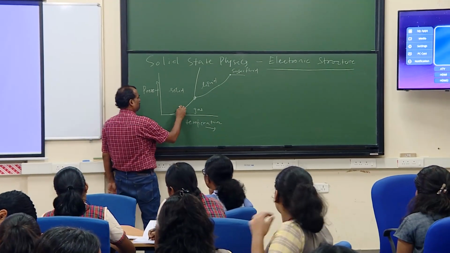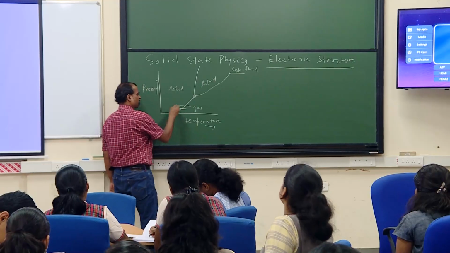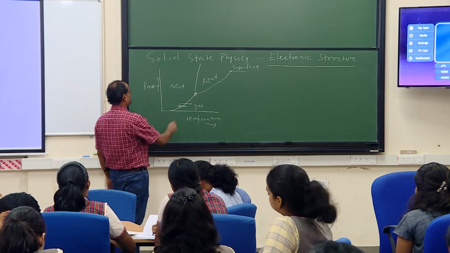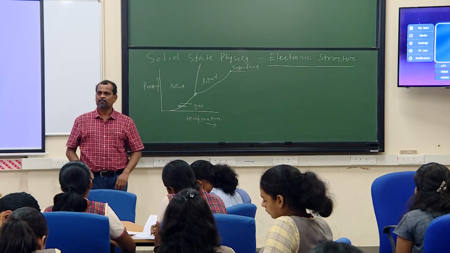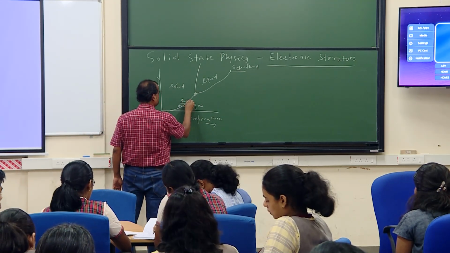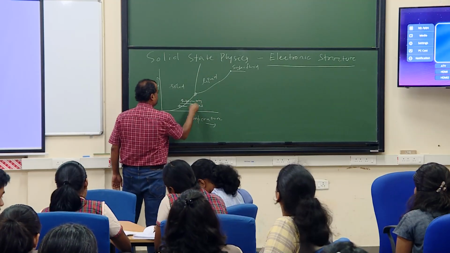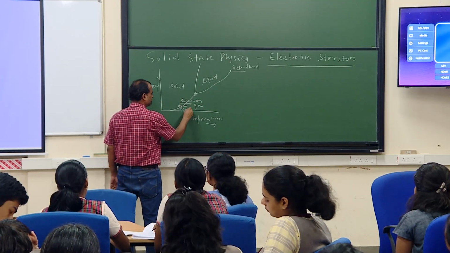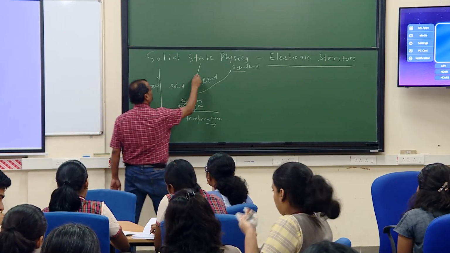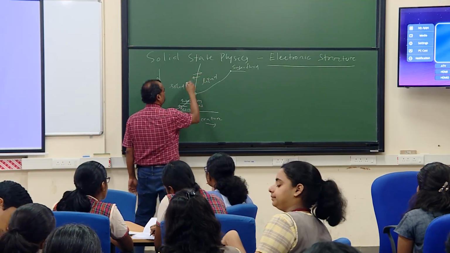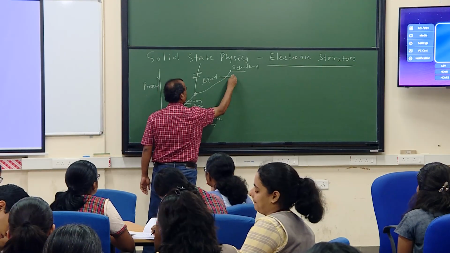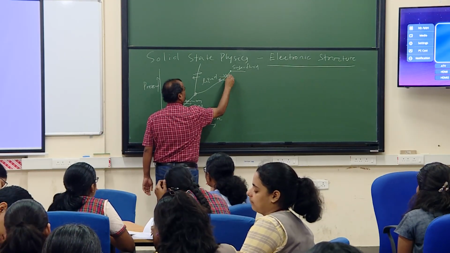So, this process of transition from one phase to another is called, in this case, what is it called? It is sublimation and it is deposition, right? This is vaporization and condensation, right?